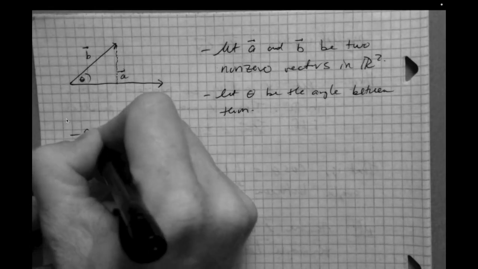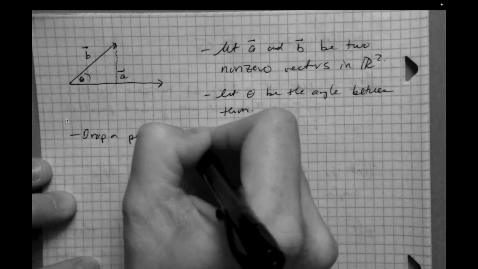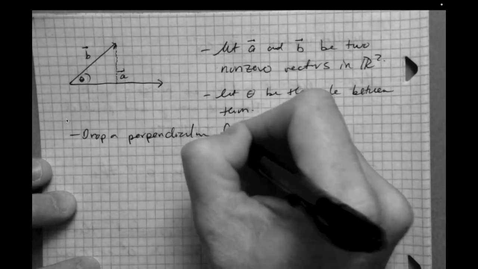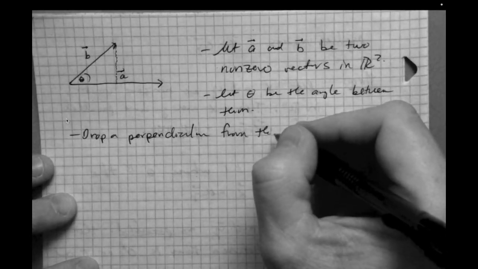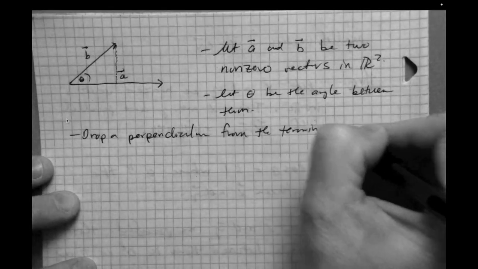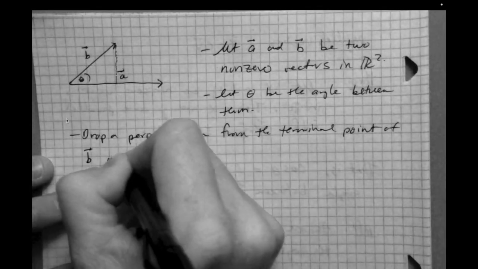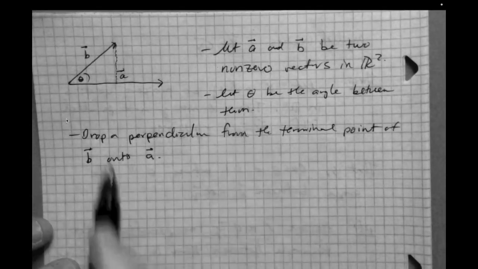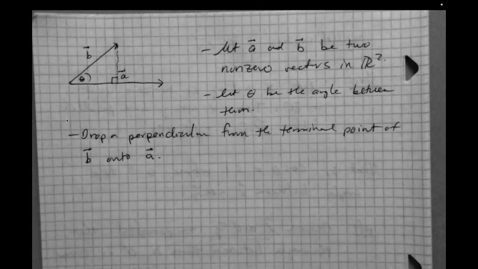Okay, so we can drop a perpendicular from the terminal point of B onto A. Right, so it drops down, and when we say perpendicular, what we mean is that that's a right angle, right?